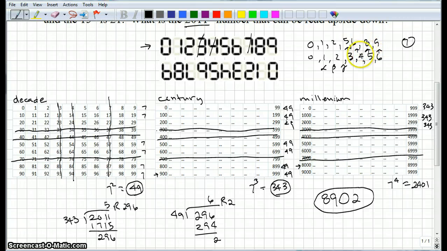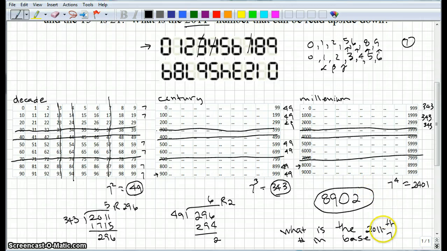So an equivalent question to what we're being asked is, what is the 2011th number in base 7, okay, where we're using only 7 digits to count?